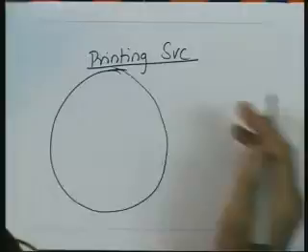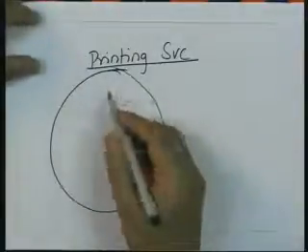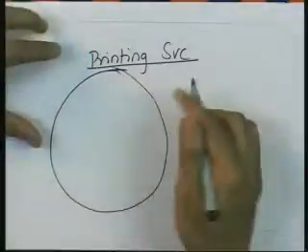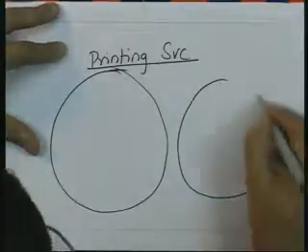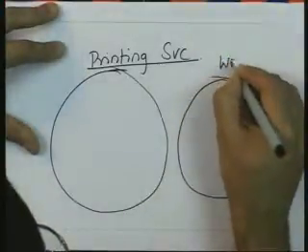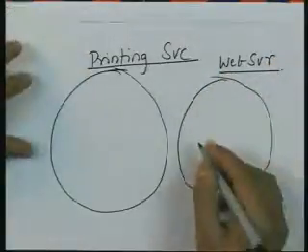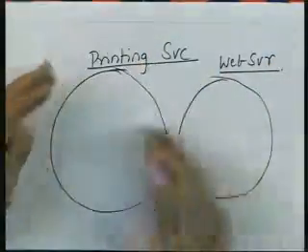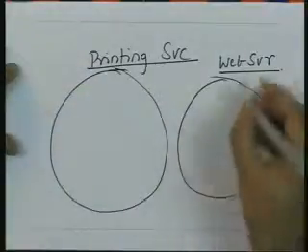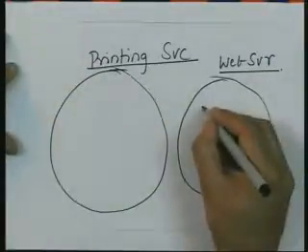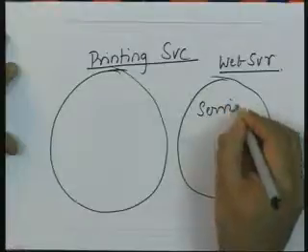It is a completely unrelated task, and there is no reason to bring these two things together. So let's say this is the web server and this is your printing server, and there are two very different things, and the web server has the responsibility of serving web requests.